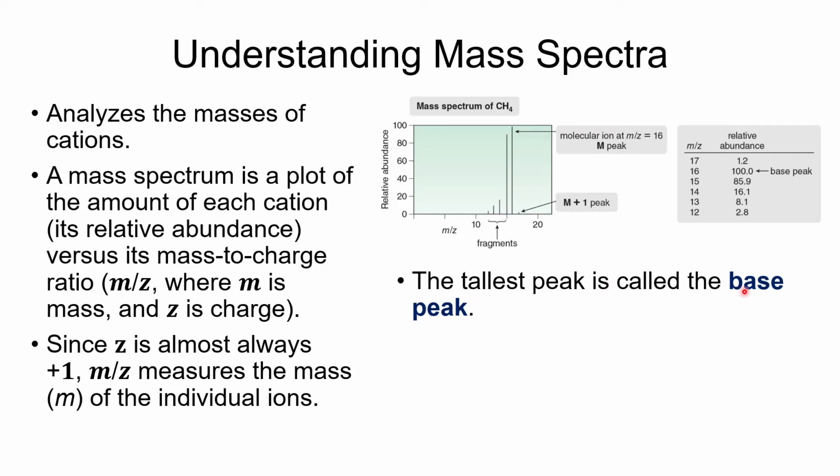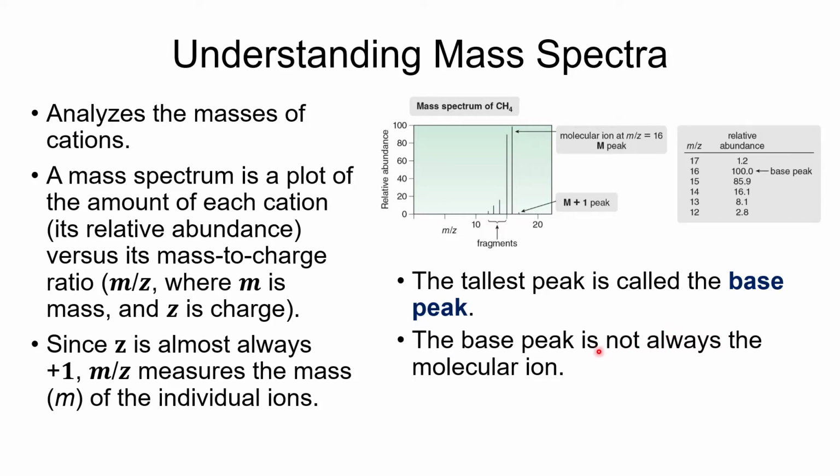The tallest peak we're going to call the base peak. The base peak is the one that's there in the biggest abundance. It does not necessarily mean that that is the molecular ion. In fact, I will show you some examples in a little bit where the base peak is not the molecular ion, where the base peak is 5 or 10 times bigger than the molecular ion. It all depends on the conditions that you use and also how stable that molecular ion is.